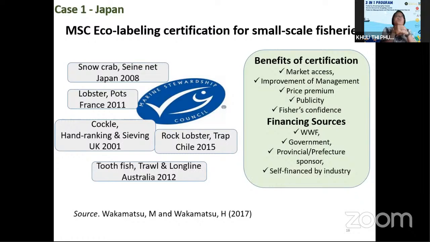For small scale fisheries, Japan already certified snow crab in 2008, and there are cases in France, the UK, Chile, and Australia. The benefits of certification, as I mentioned, concern the market, management operation, price premium, publicity, and fisher confidence as well.